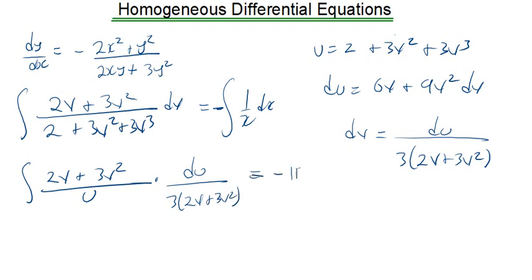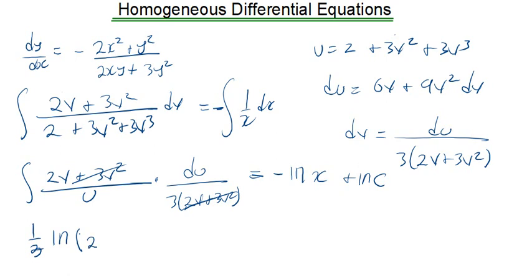Is equal to minus ln of x plus ln of c. So you observe that this end goes, you just have 1 over 3 multiplied by ln of u, which is your integral there. But I'm not going to say u, I'll put what my u is.